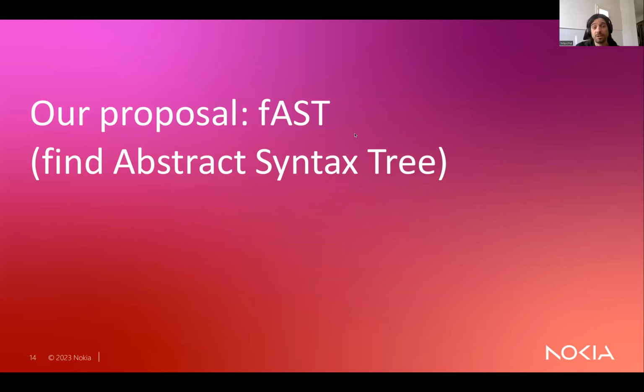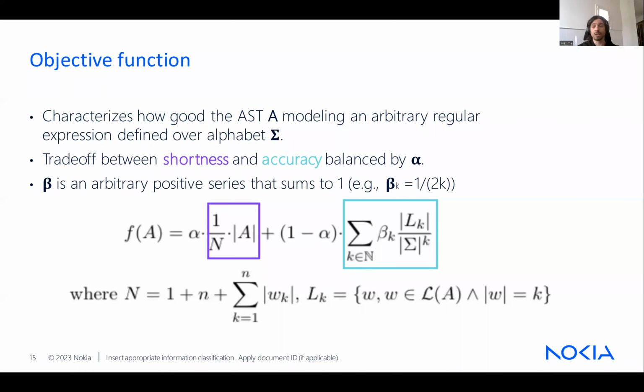So our proposal, fAST, fAST for find abstract syntax tree, because that's what we're going to look for and that's what we're going to find. As I said earlier, we need to be able to define what is a good regular expression from a bad one or a better one. So we use an objective function.